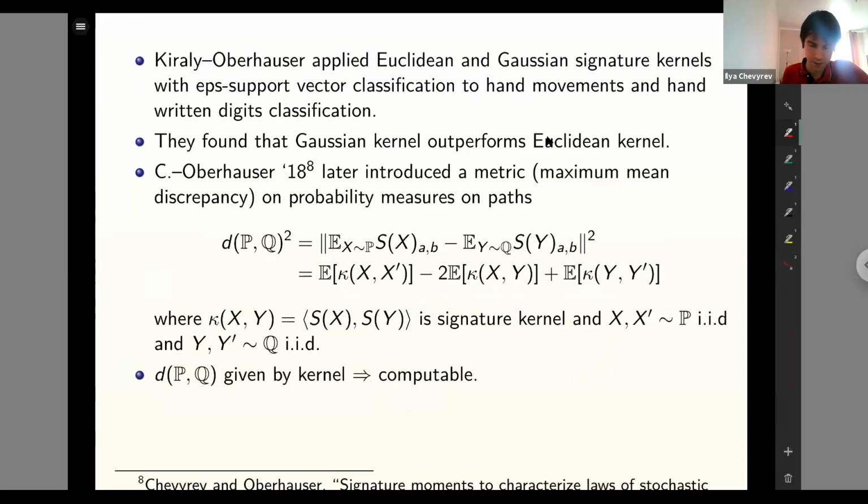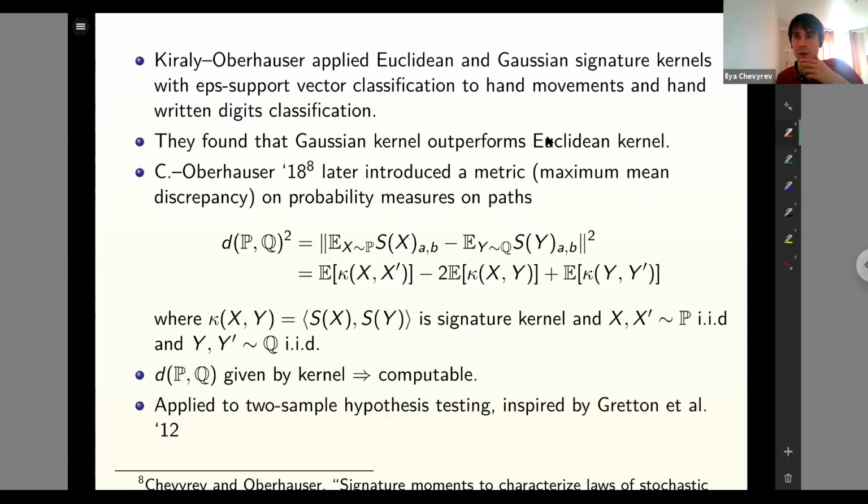This final expression with the expectations means that it is computable, or can be approximated well. Our motivation for this was primarily theoretical, but we noticed that it had quite a nice application to two-sample hypothesis testing. This was the very first problem that I motivated this mini course with.